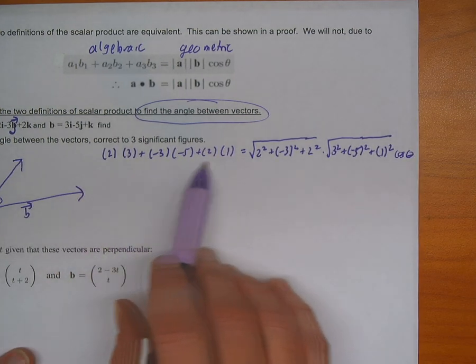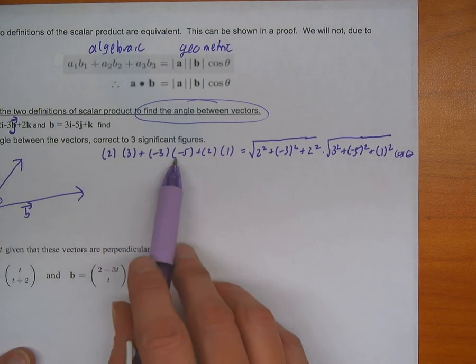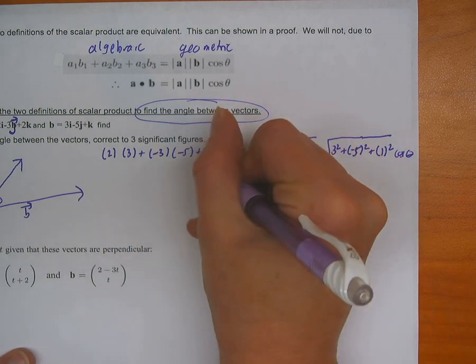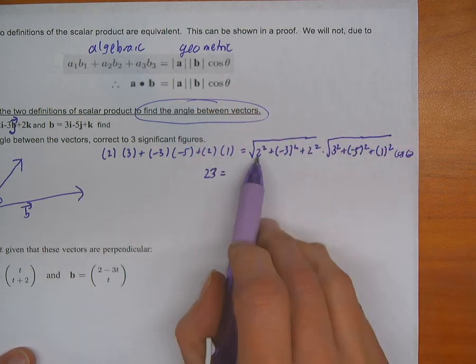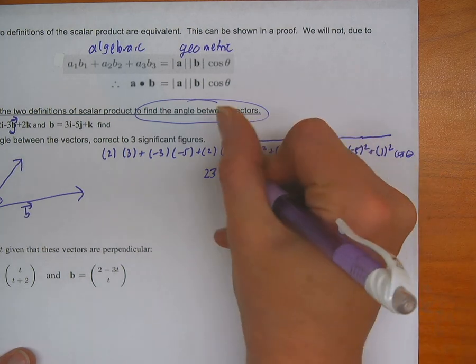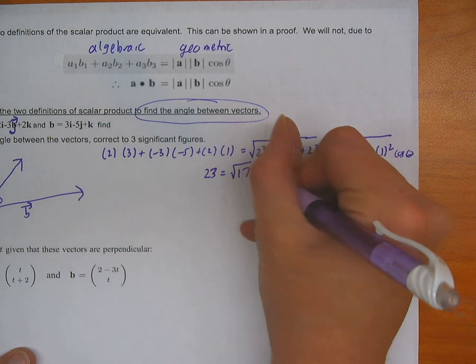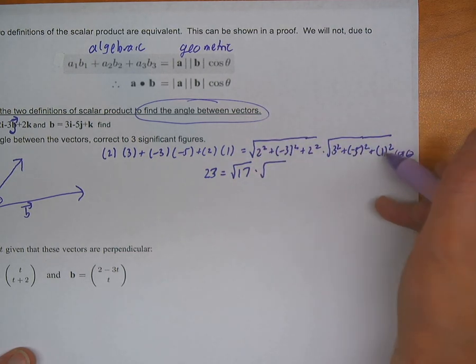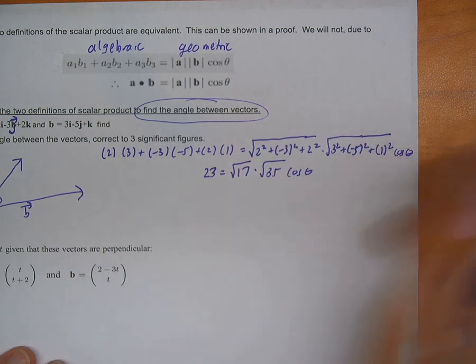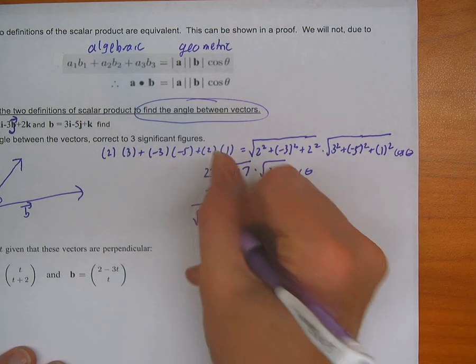So now our task is just to work out what this is. If we add all this stuff together, we get 6 plus 15 plus 2, that equals 23. Here we get 4 plus 9 plus 4, that's going to be root 17. Here we get 9 plus 25 plus 1, that's root 35. Cosine theta equals that, divided over the radical values.